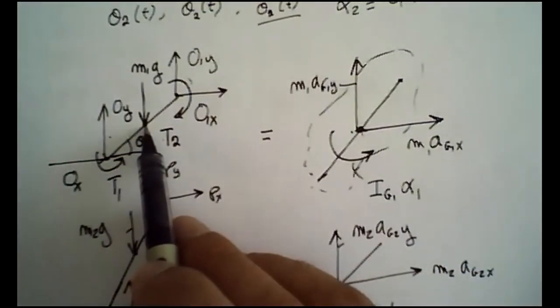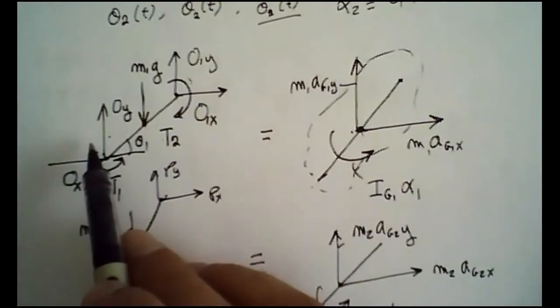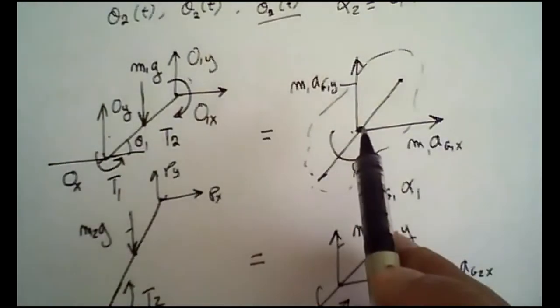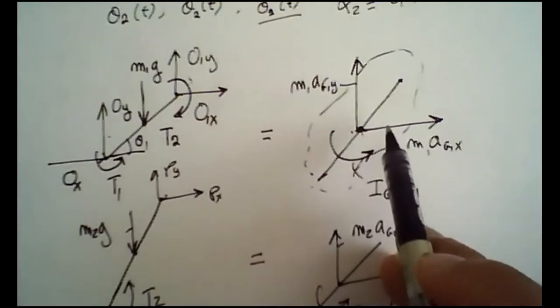If you sum the moments about this point and assume counterclockwise is the positive direction, you also have to do the same thing here. Usually you want to choose a point where you can cancel as many unknowns as you can.